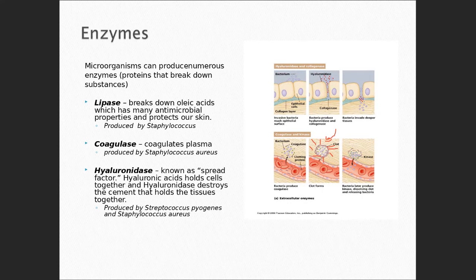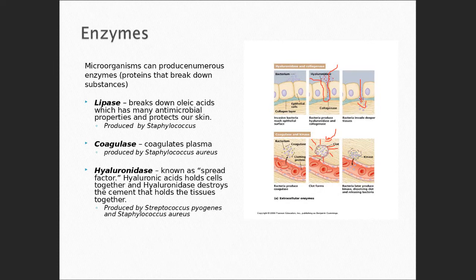But hyaluronidase gets in there, and you can see it right here. It's kind of small, the wording, but it's getting in there and it's opening up the area around the cells, and therefore you can see the bacteria can get into the tissues, and then it can cause an infection, right? Hyaluronidase is known as a spread factor because it destroys the cement, if you will, the glue of the cells. And so these organisms that produce hyaluronidase, and they're all flesh eaters, right?